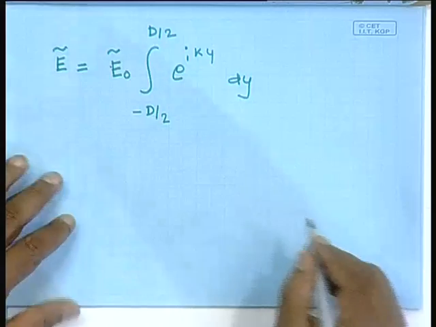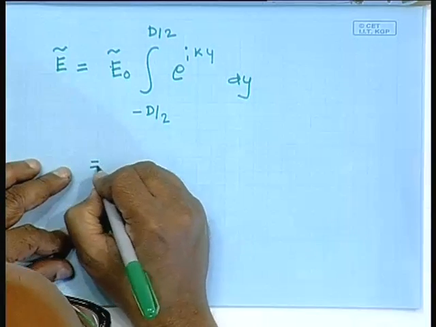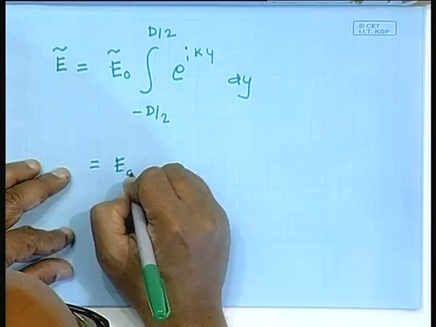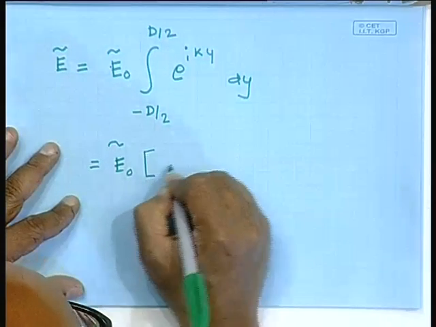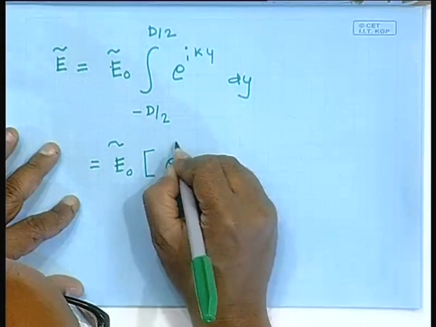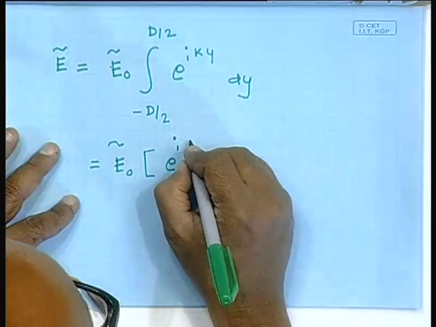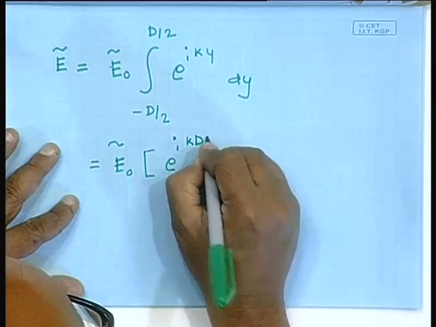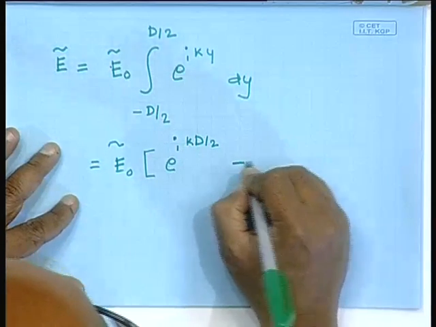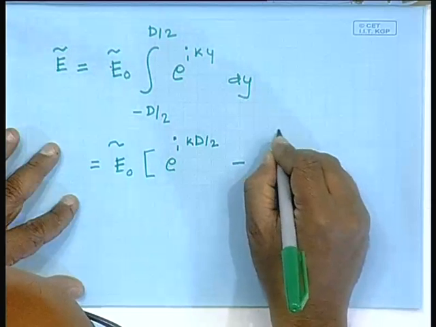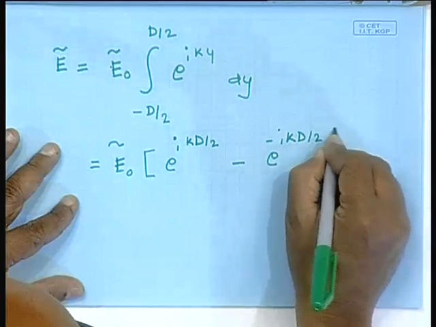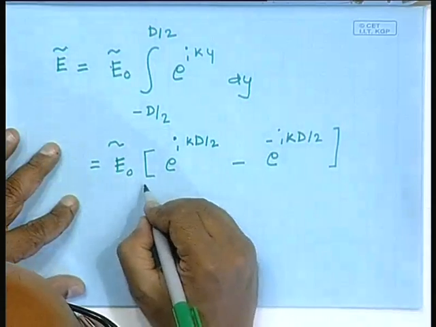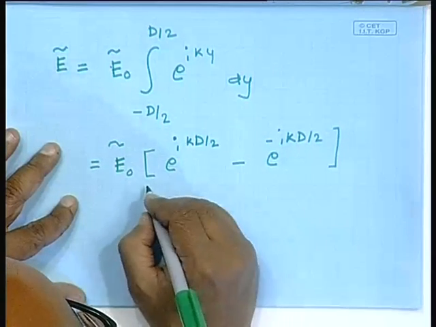Now, this integral we know how much it gives us. So, let us do this integral. It gives us E0 tilde, and here we have e to the power i k d by 2 minus e to the power minus i k d by 2, divided by i k.